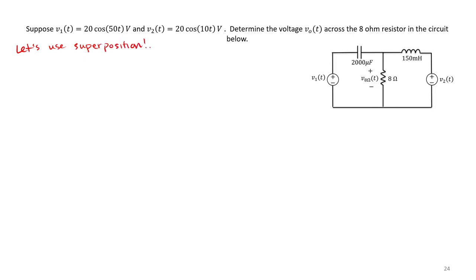So let's go ahead and use superposition. And remember, the first step of our superposition process is to transform the circuit to frequency domain, and then apply the box trick.